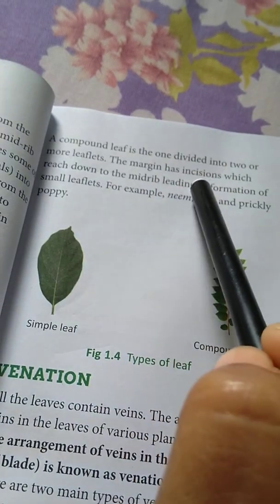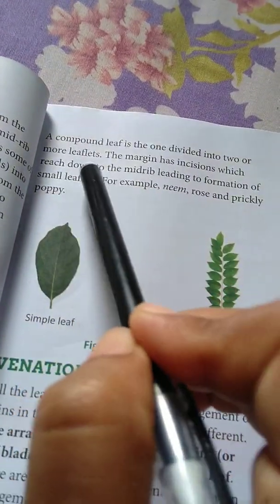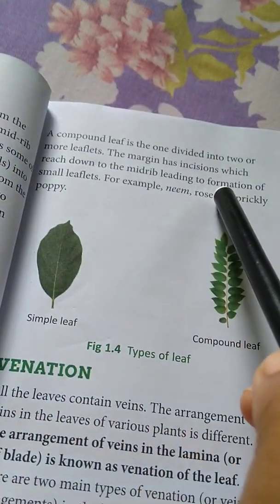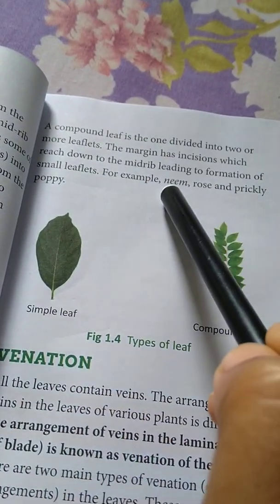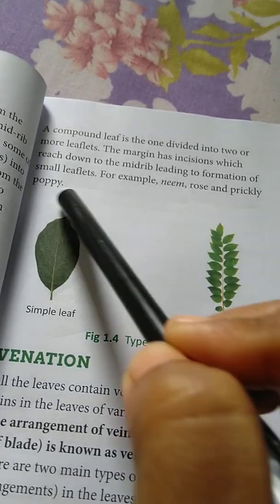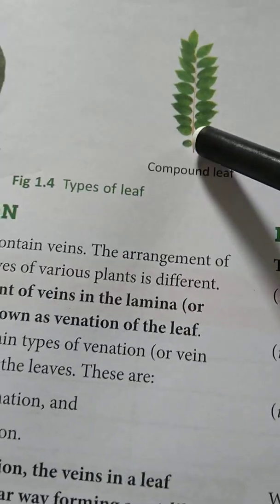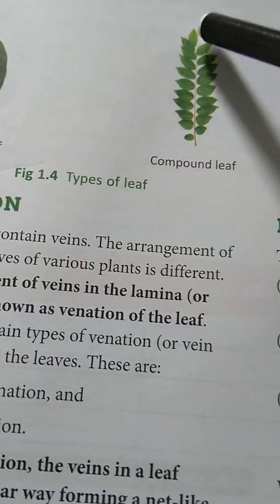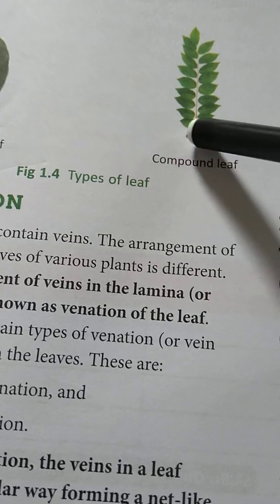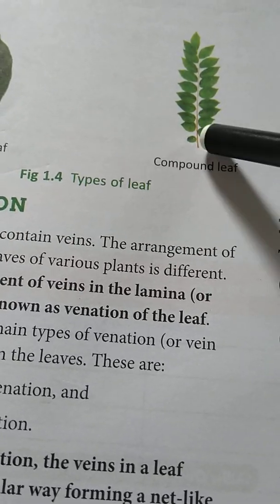The margin has incisions which reach down to the midrib, leading to the formation of small leaflets. Example: neem, rose, prickly poppy. So look at the picture. The midrib is divided into small leaflets.